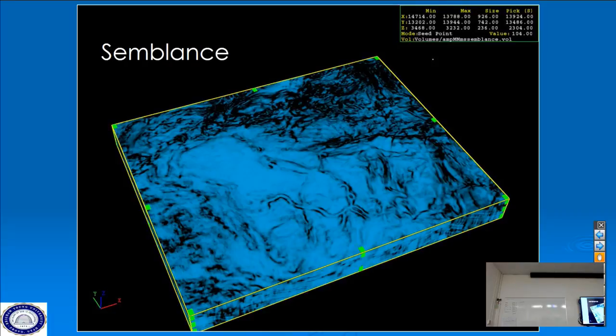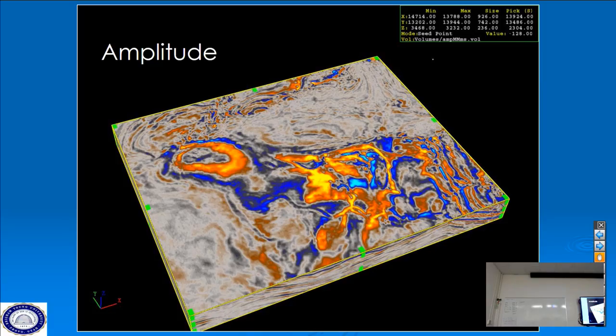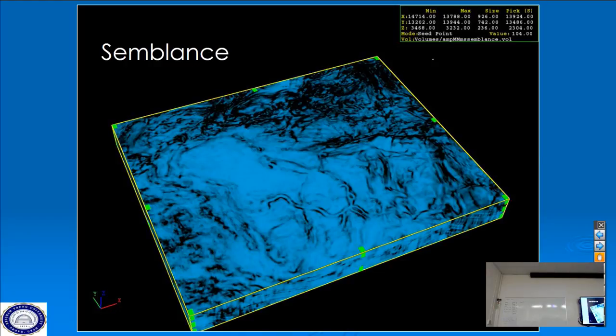Do you see something more in here that you don't see there? What do you see here? Okay, so what do you see? Come up here, draw for me. Come on up. Some channels here.